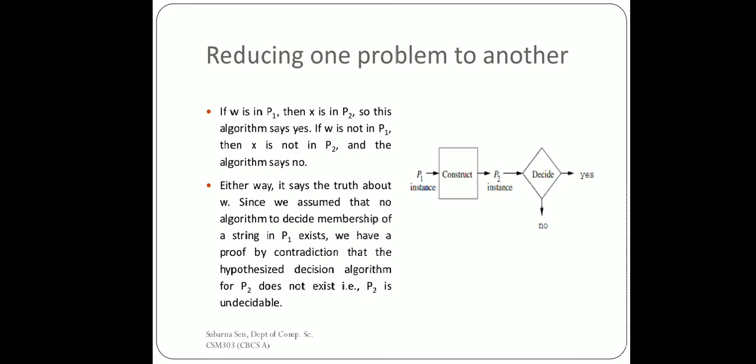Since we have converted the instances of P2 to a string W of P1 which we use for making the decision, the working of P2 is now totally following the working of P1. Since we have already proved that P1 is undecidable, we have picked up such a problem which has been proved to be undecidable.